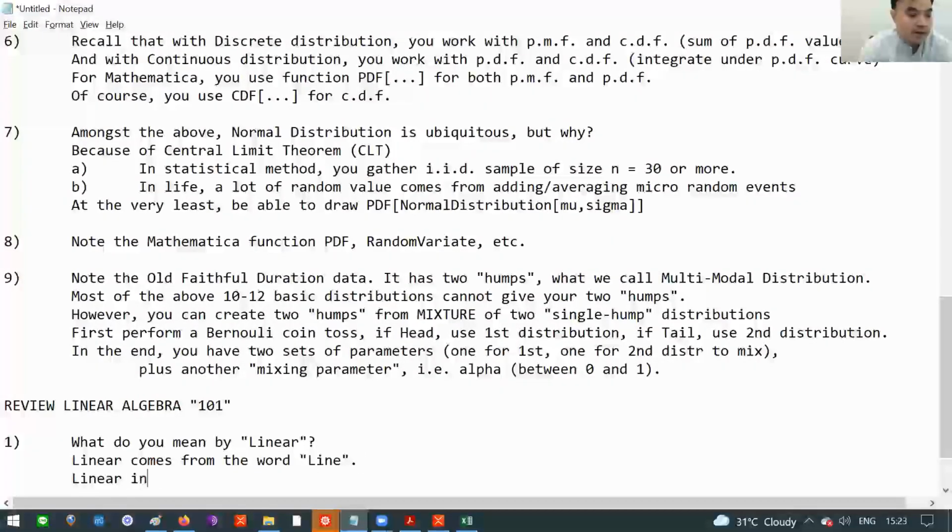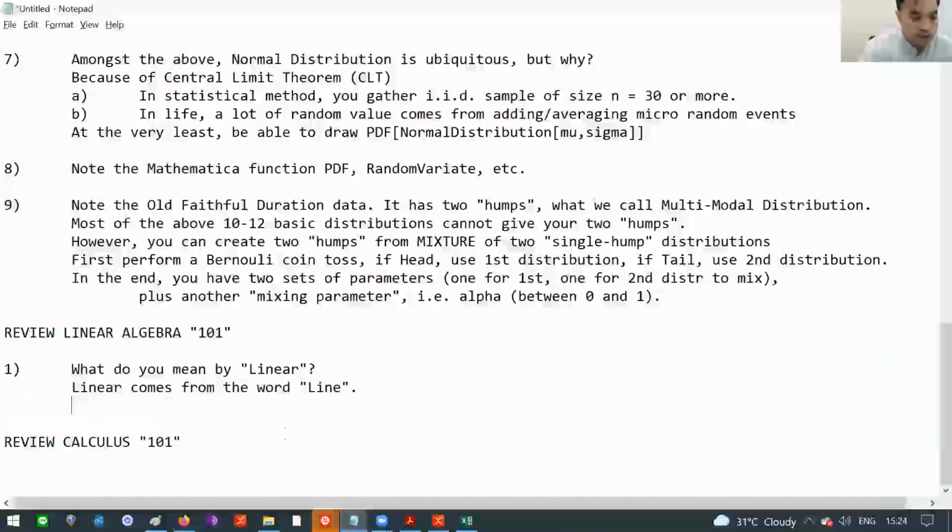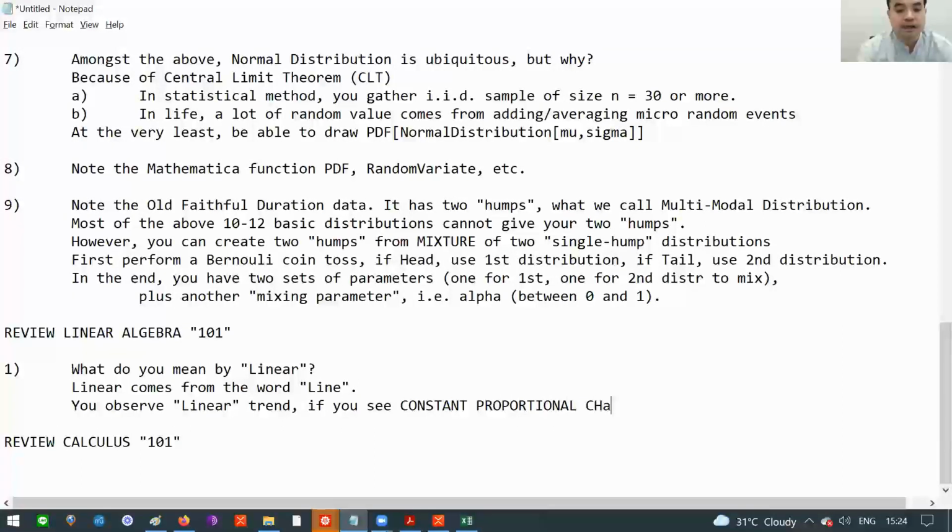You observe linear trend if you see constant proportional changes. Okay, that's what you mean.